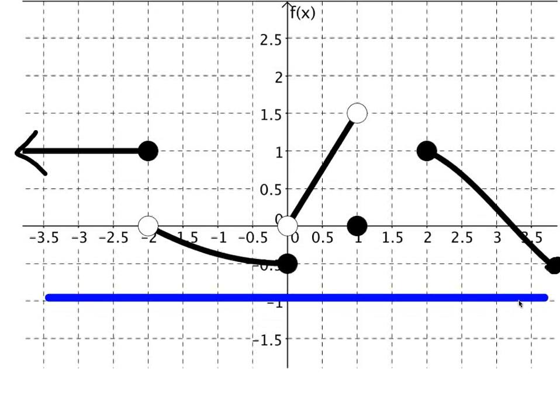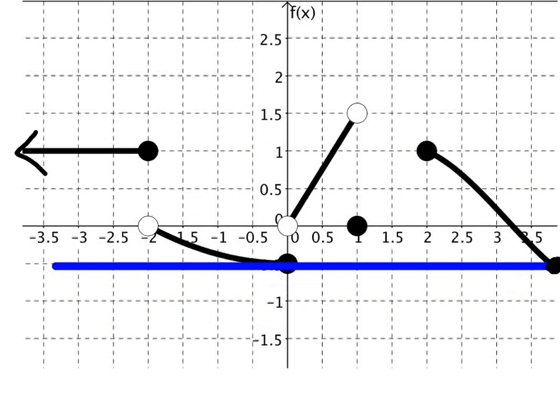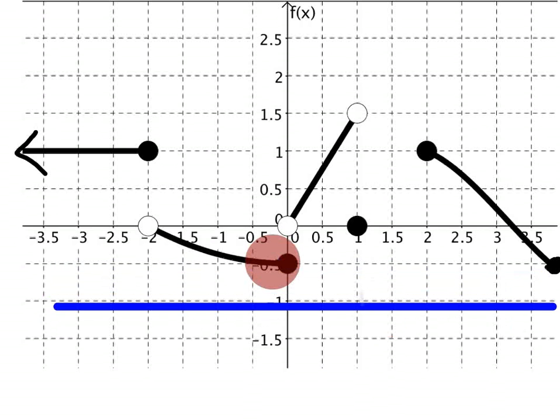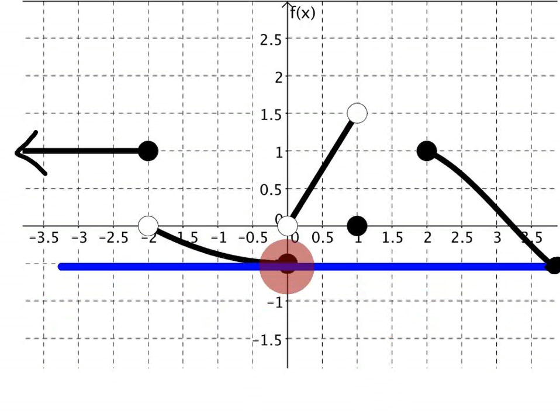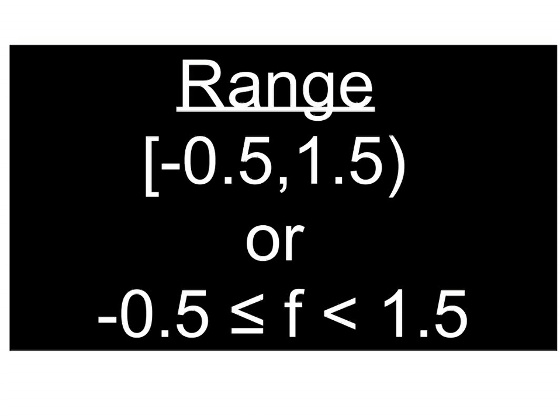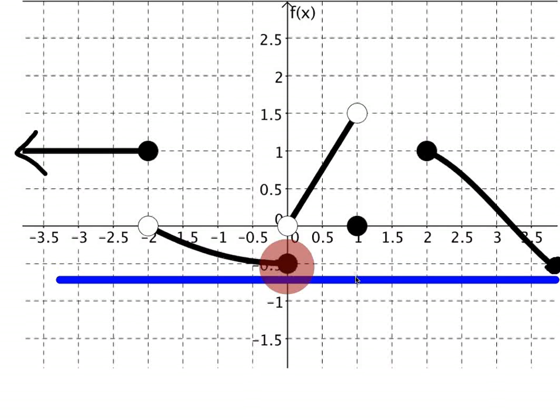No, not touching. Doesn't touch until y equals -0.5. So when we go to write our range, we're going to start at -0.5. And since it does touch at -0.5, because there is a solid point, we're going to put a bracket around -0.5 because it does indeed touch there.